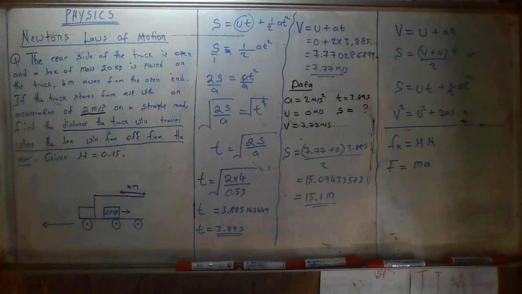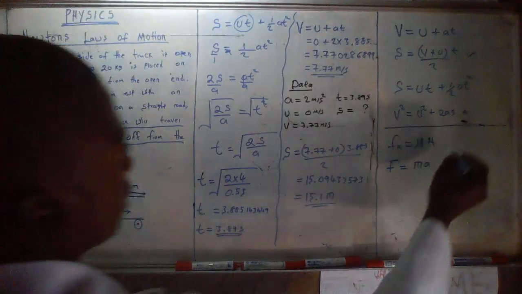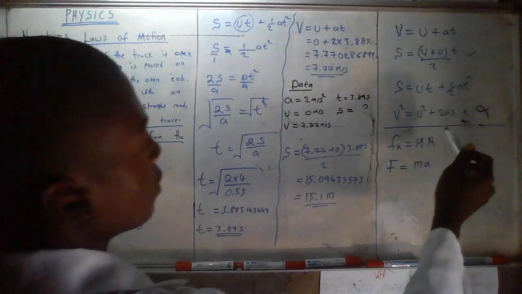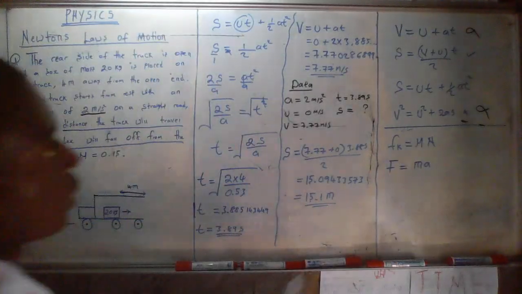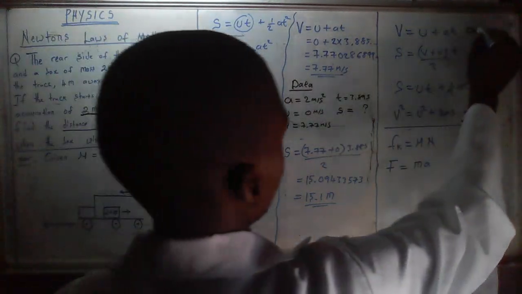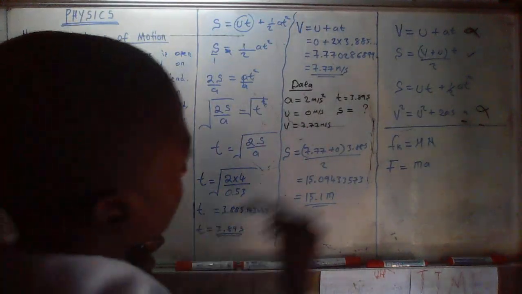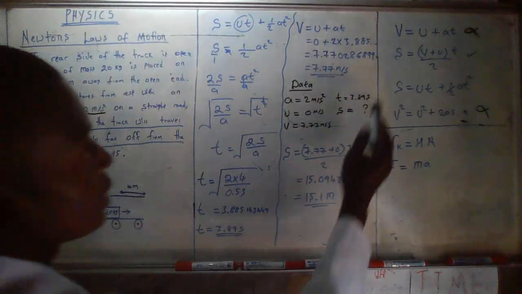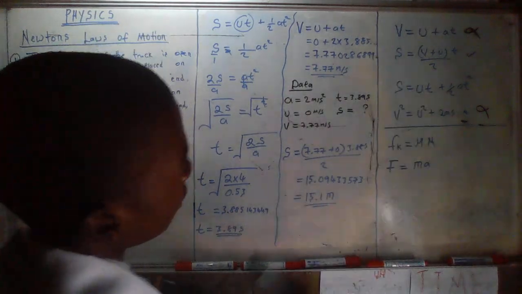What about the third one? What about this equation? This one didn't have time, so this one doesn't work. What about this one? The first one will also not work. It doesn't have distance. We remained with these two, and this one is disqualified, but this one has qualified.